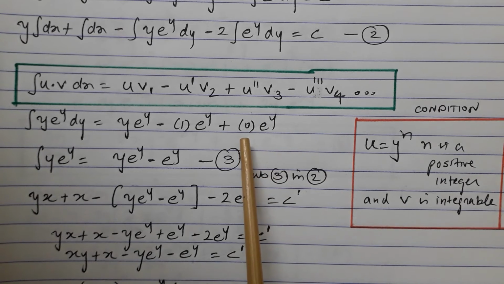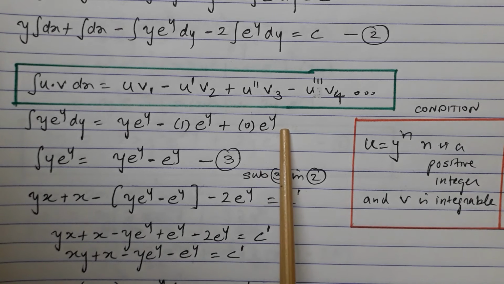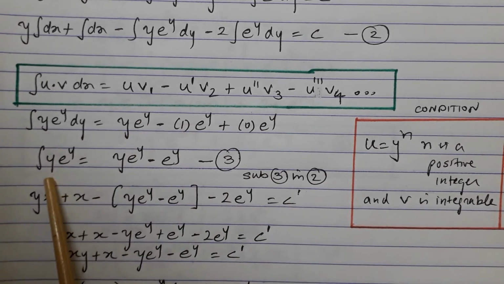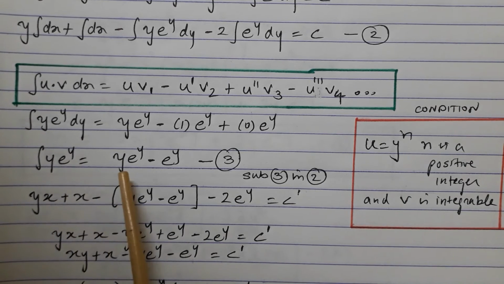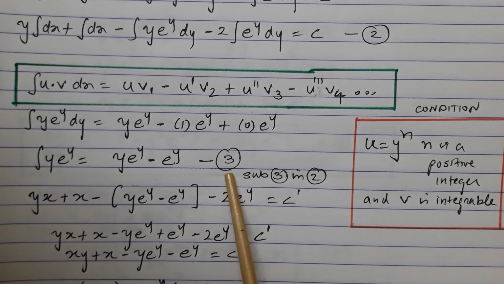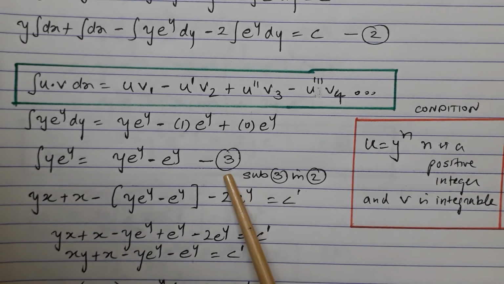But now 0 into e raised to y gives us 0, so here we stop proceeding further. So integral of y e raised to y is y e raised to y minus e raised to y, and let us call this 3. So this is 2 and this is our equation 3.